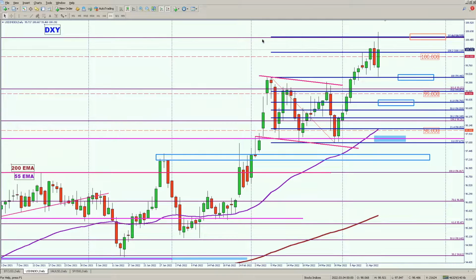And this confluence of these two fibs here was at the 105.50 odd level. Now there could be further consolidation for this coming week. It has stayed above the 138 fib extension, above the 100.12.